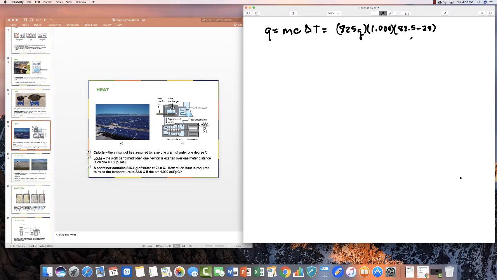So 82.5 minus 25 is 57.5 times 825. Q is going to equal 47,437.5. Now let's look here. We've got 3 significant figures, so it's 47,400 calories.